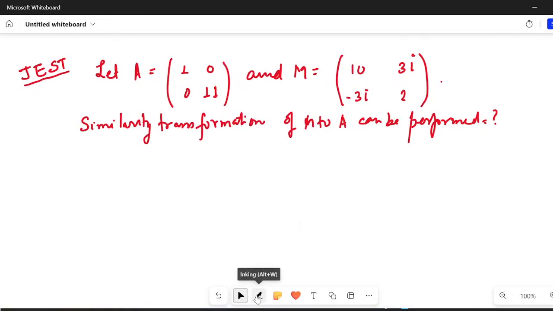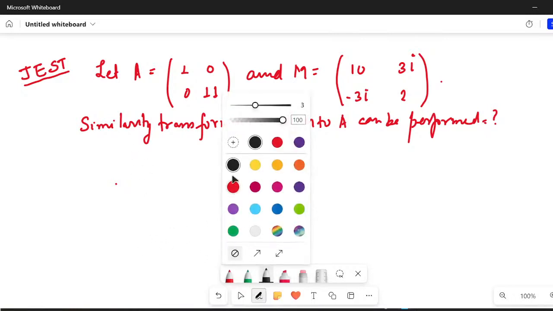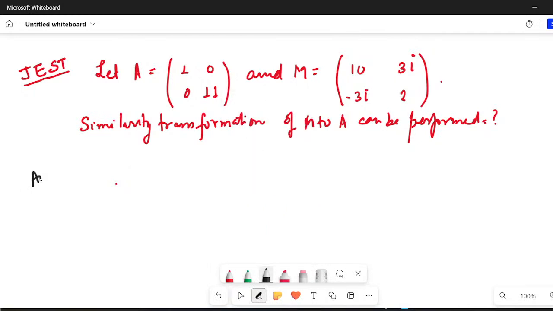If you remember yesterday when I was discussing the similarity transformation, how to find the corresponding matrix. So it implies that A is clearly a diagonal matrix.